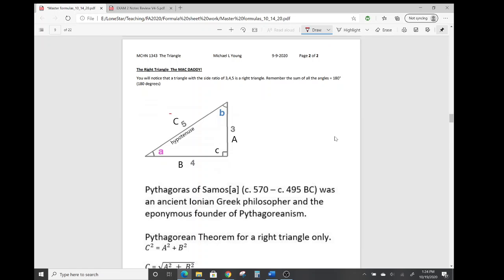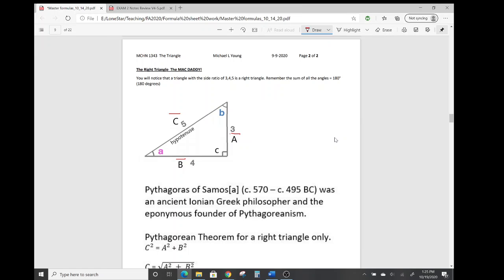And this is side C, and this is side A, and this is side B. And sometimes I'll write the sides so you don't get the angle A and angle B and angle C mixed up. Side A is always opposite angle A. Side B is opposite angle B. But a ratio of a 3, 4, 5 triangle is always a right triangle, always.